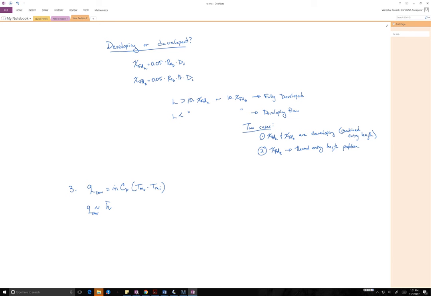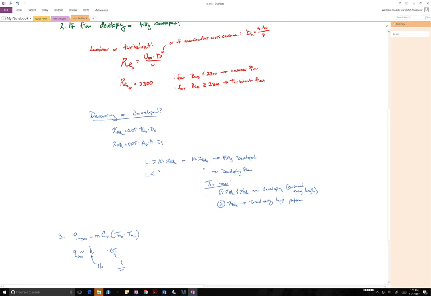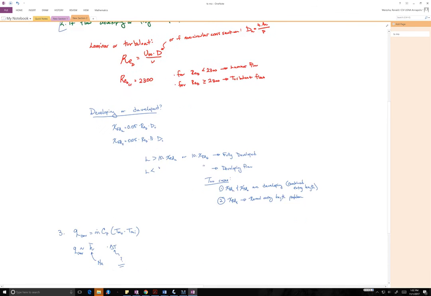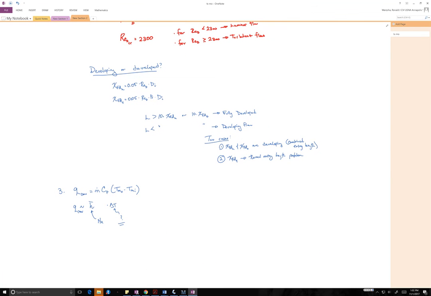And what we need to do is use Nusselt numbers to come up with this and to determine what temperature difference we're going to use here for both constant heat flux and constant temperature boundary conditions. This is what we're going to spend the next couple of videos taking a look at. But if you understand how to approach these two questions and what's going on in here, in addition to these locations for developed and developing flow, you're in good shape to move on.